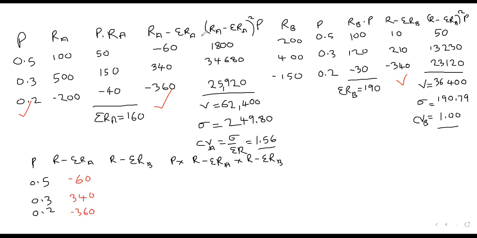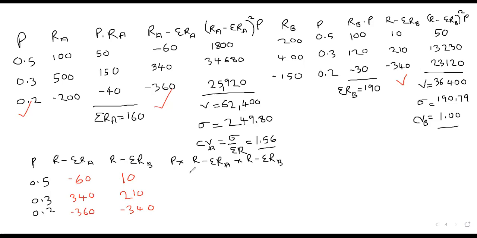Then here we have 10, 210, negative 340. Then we multiply these three together and sum up.